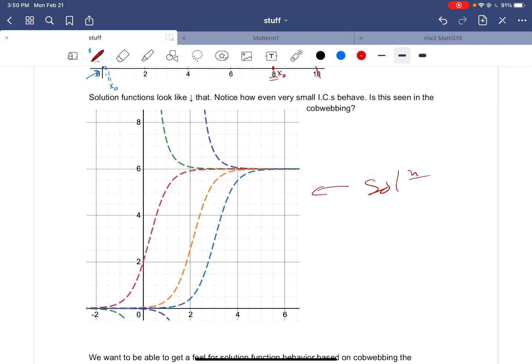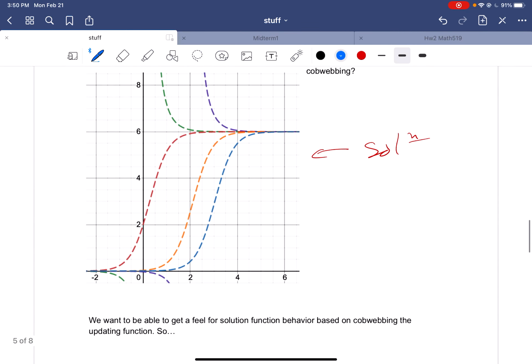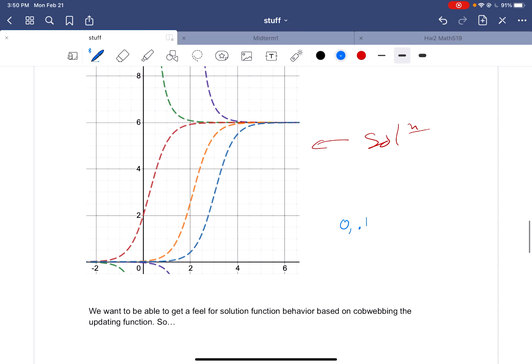You can imagine in blue, this path, I began with an initial condition of 0.1, which means (0, 0.1) had better be on the graph of my solution function. And again, that's really tiny. So you could imagine maybe it is this blue curve here.